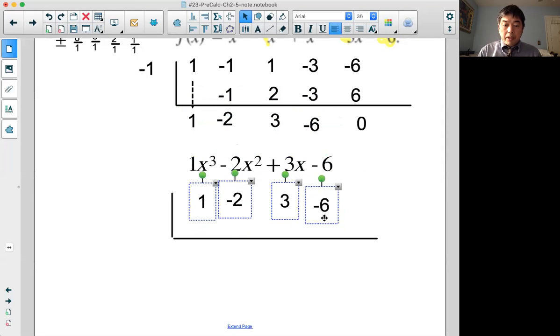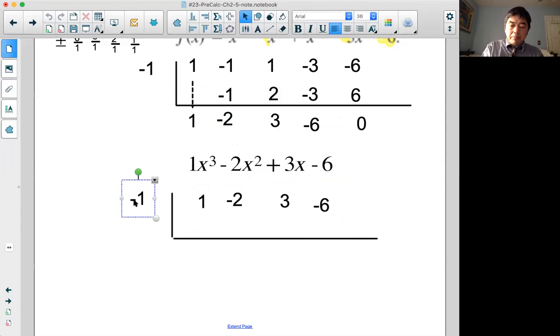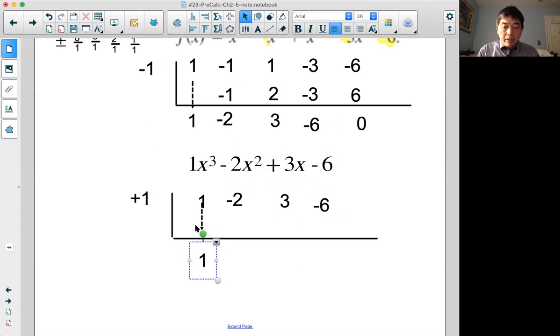Since we used -1 already, let's use positive 1 and see if it works. Now the first number comes down, so it's going to be 1.